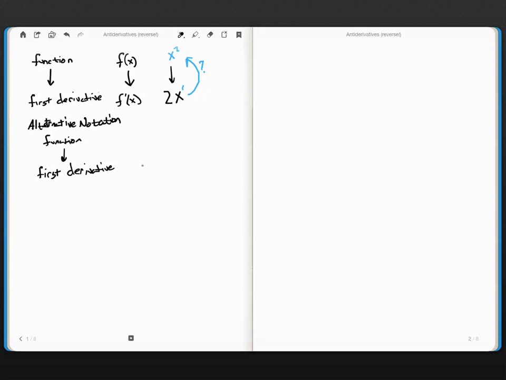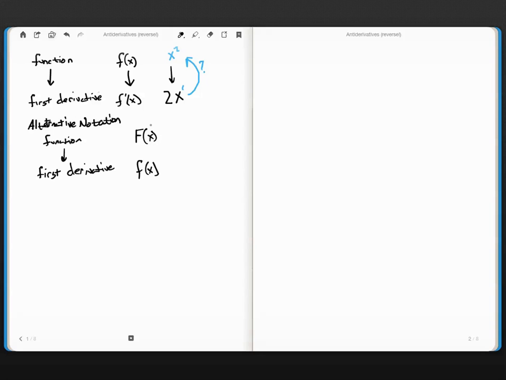If I'm given f of x, and I want to know what the function was that came before that, so I differentiated something up here to get down to f of x, we oftentimes call that capital F, big F of x.